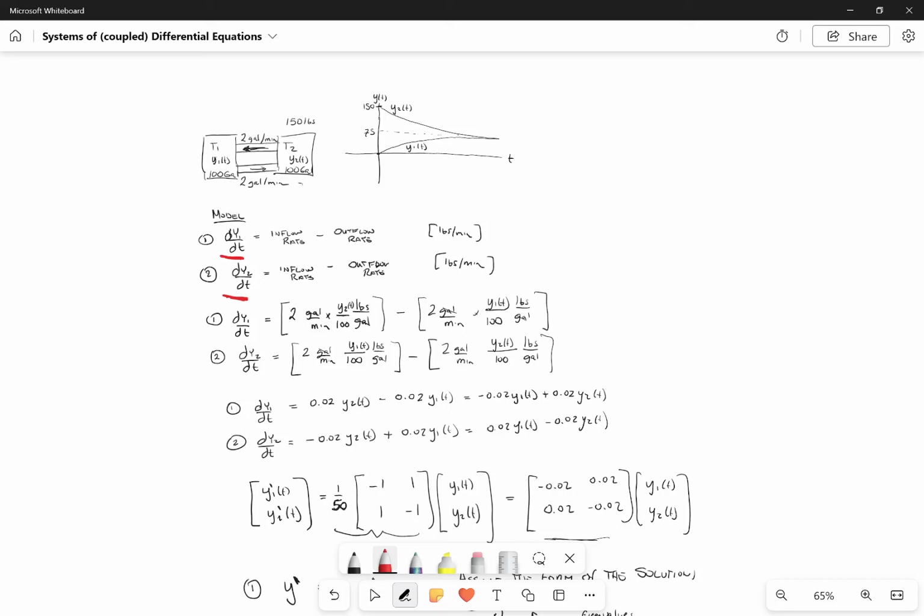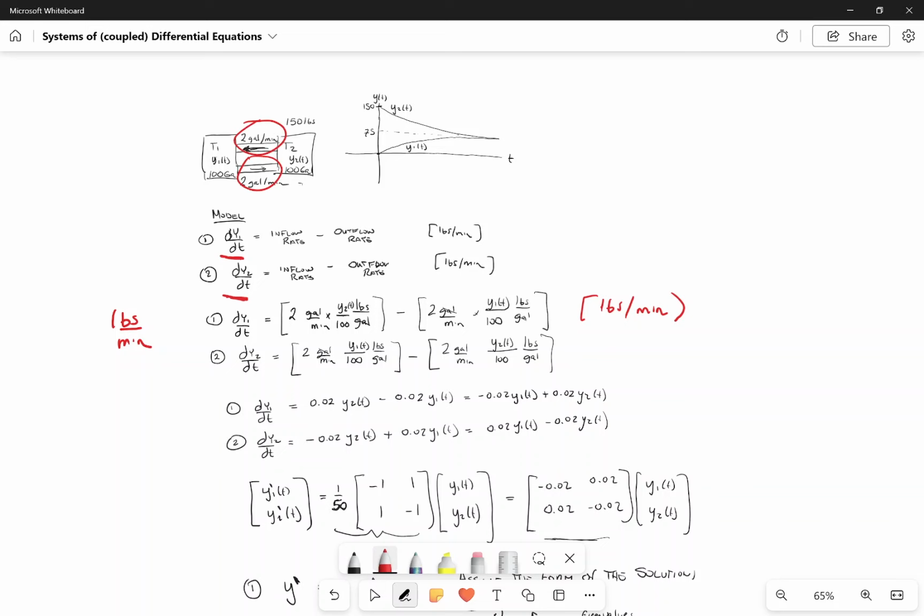To make this work, we knew that dy by dt is pounds per minute, so both sides of the equation need these pounds per minute units. We know the flow is 2 gallons per minute in either direction.